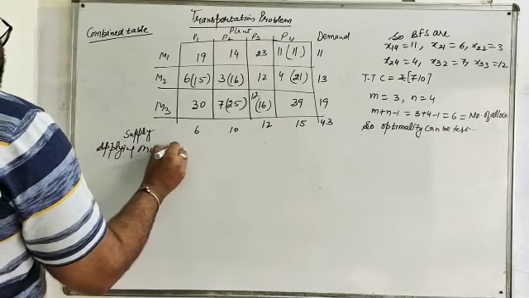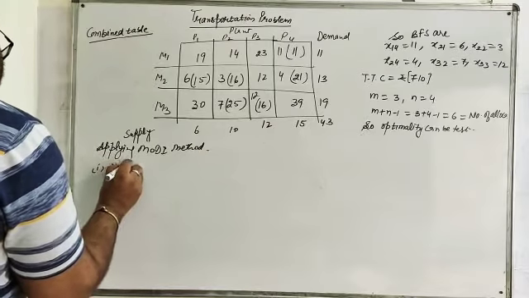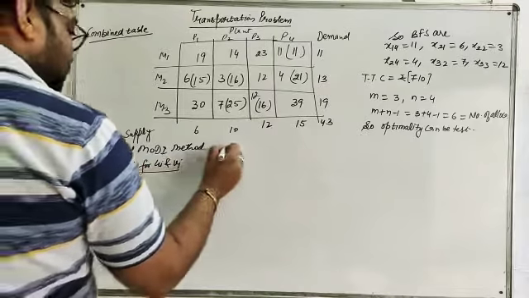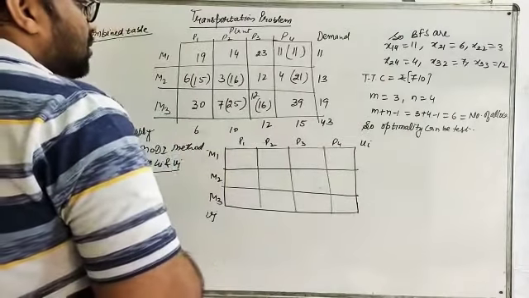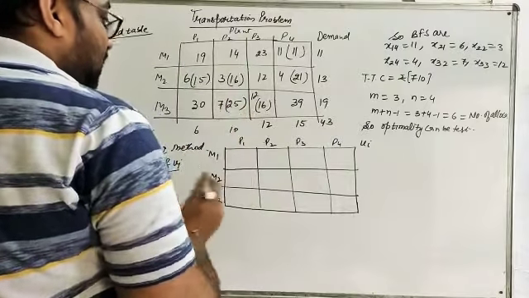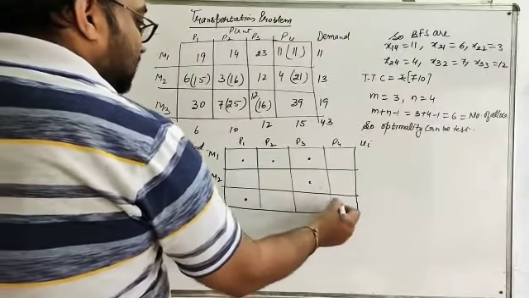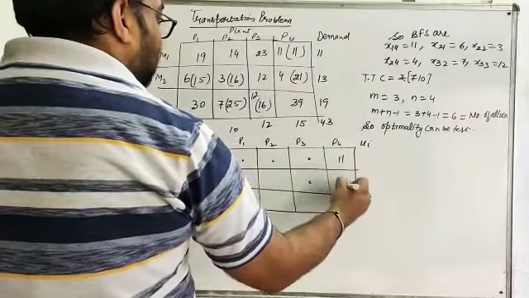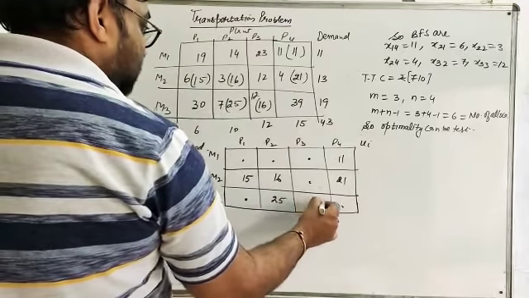So applying MODI method. So the first step is matrix for ui and vj. So in this method we have to put dot to the elements which have no entry, and the rest elements remain as they are, that is 11, 21, 16, 15, 25 and 16.